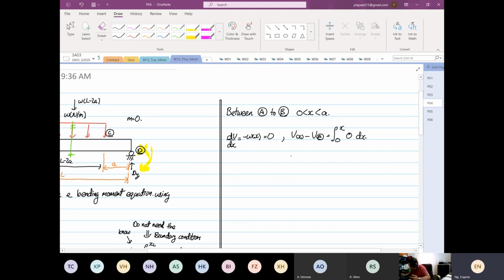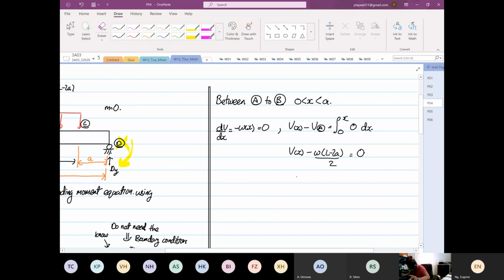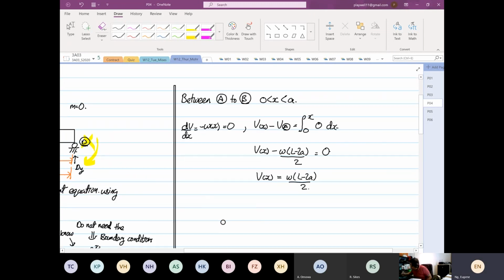So v as a function of x minus VA, where VA is omega (L minus 2A) divided by 2, is equal to 0. So now we have v as a function of x is equal to omega (L minus 2A) divided by 2. This is equal to dm by dx. Over here, this is an equation. It's no more constant. I'm going to call this equation number 1.